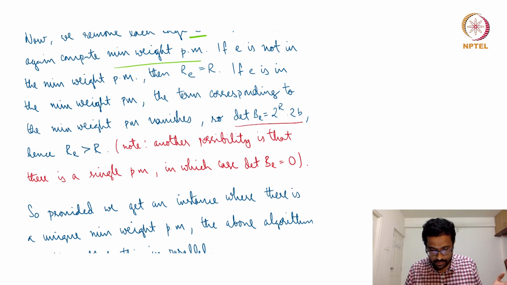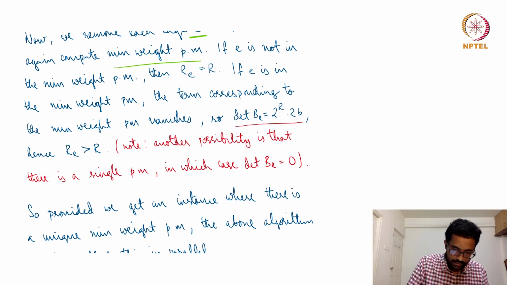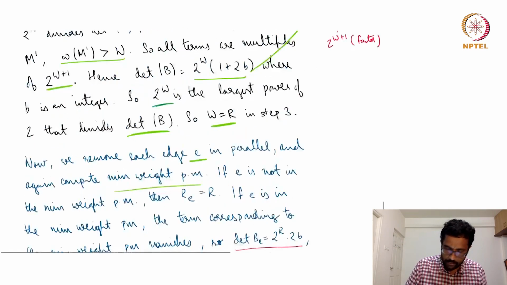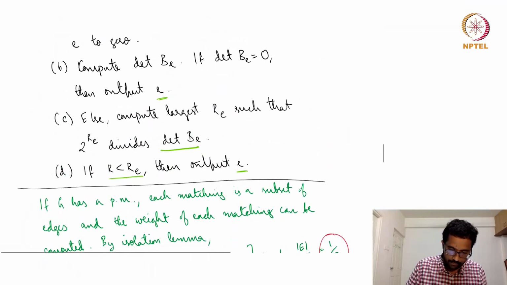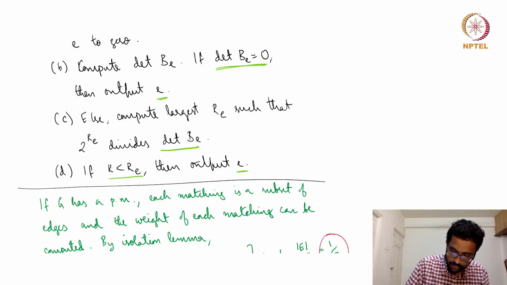Another possibility is that if you remove E, there is no matching at all, in which case the determinant of B is 0. In both these cases, when RE is greater than R or when the determinant of B is 0, in step D of the algorithm, E is output.